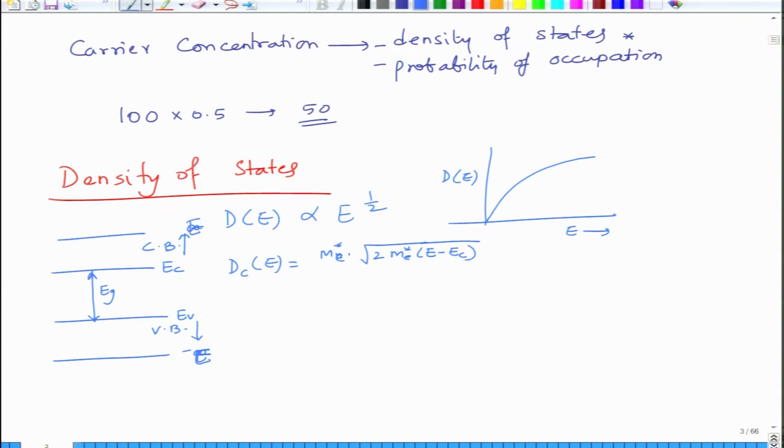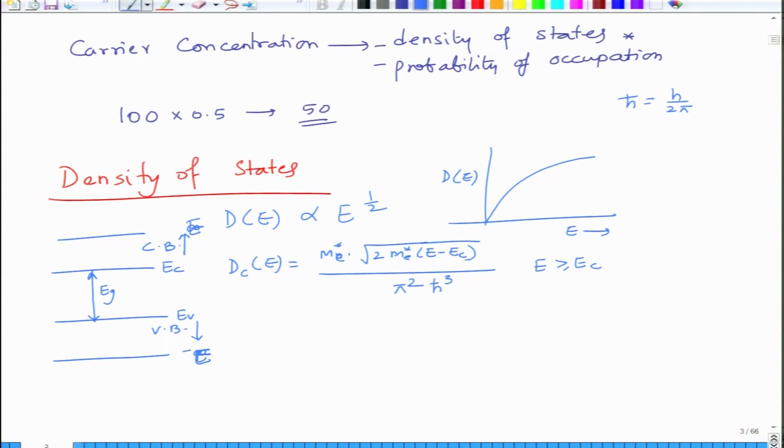The equation is Me star into square root of 2 Me star into E minus Ec divided by pi square and h cross cube, where h cross is nothing but h divided by 2 pi. h is the Planck's constant, and this is valid for energies E greater than or equal to Ec.